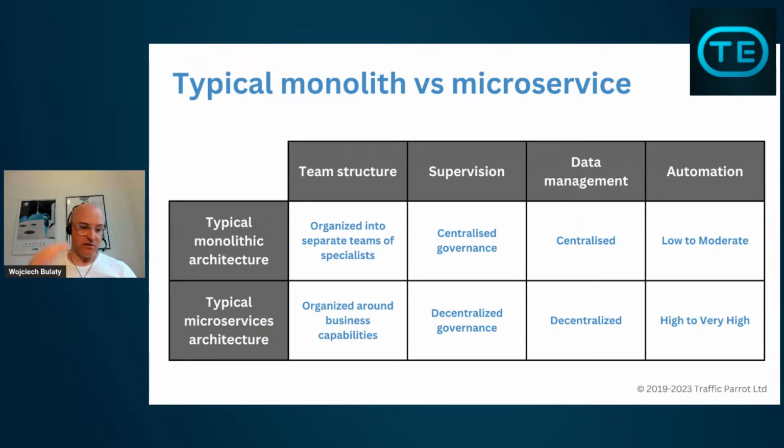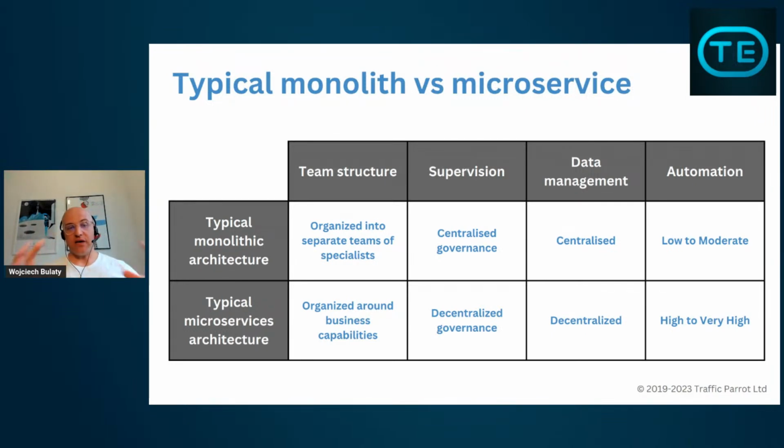The next difference between monoliths and microservices is how things are supervised. In monolithic architectures, the governance is done centrally. Typically you might have architects that decide what technology stack you will be using, what tools, what frameworks, etc. for the whole product that the monolith implements.